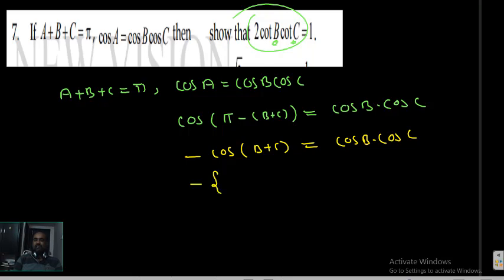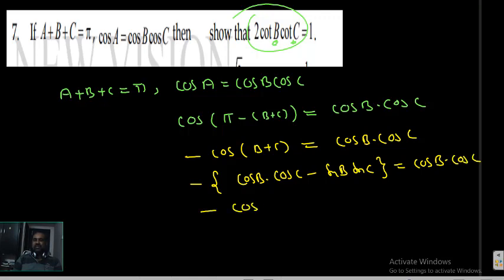So minus times of (cos b cos c minus sin b sin c) equal to cos b cos c. That gives minus cos b cos c plus sin b sin c equal to cos b cos c.